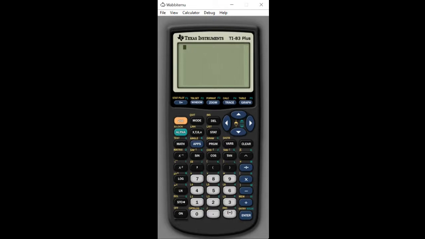I'm going to write it down exactly like I wrote it on my paper, so I'm going to use parentheses. 18, math, probability, choose 2. Oops, that's the wrong way.